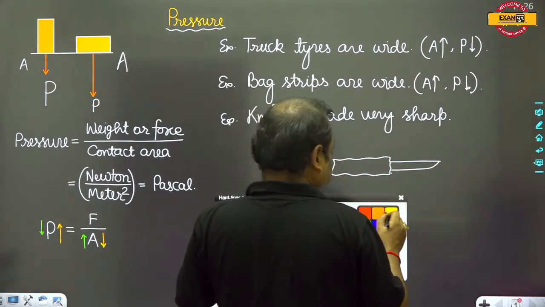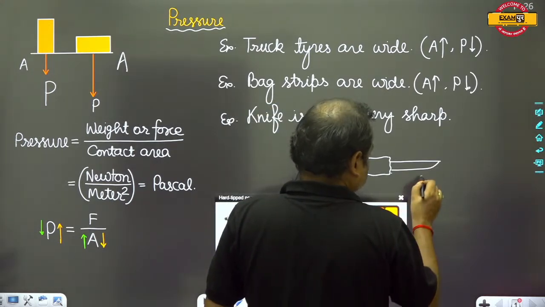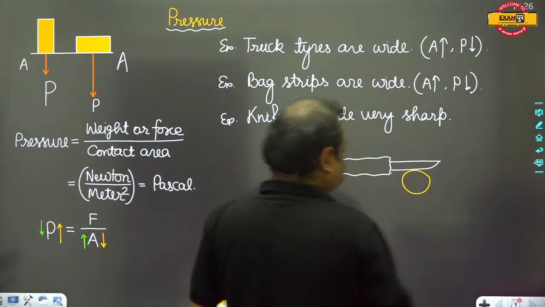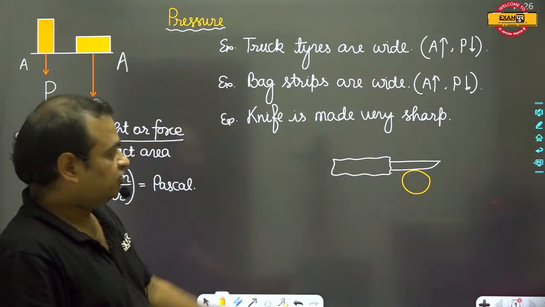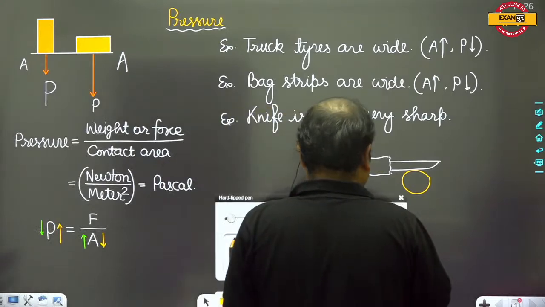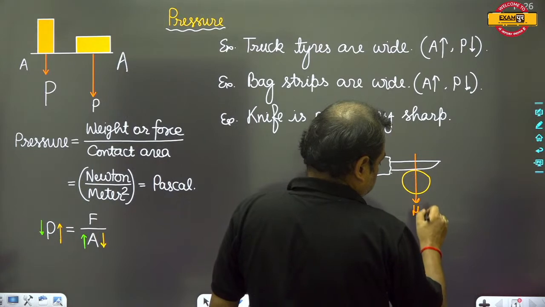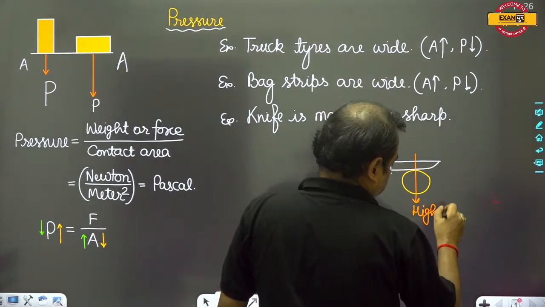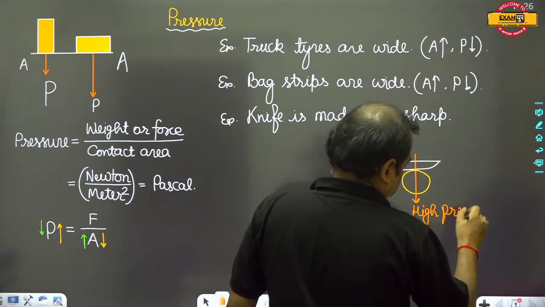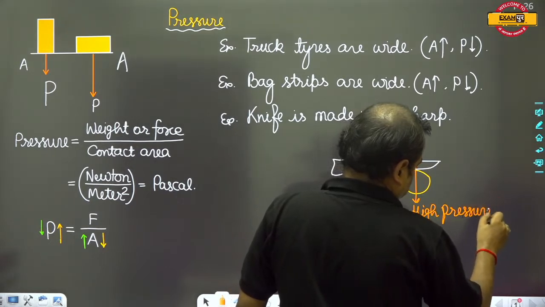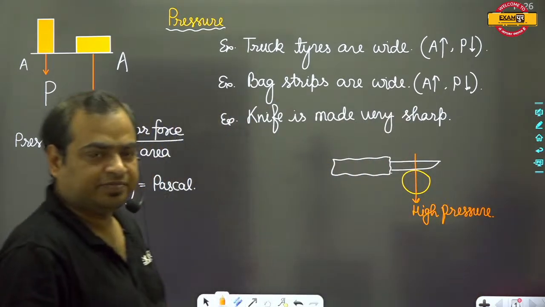Suppose that this is a knife and this knife has very low contact area. Very low contact area means high pressure.